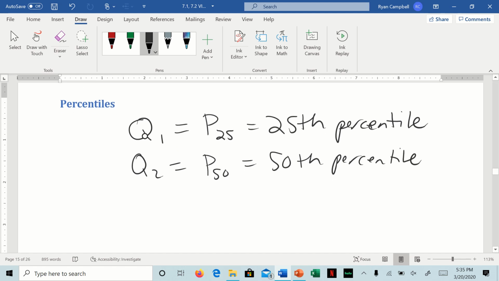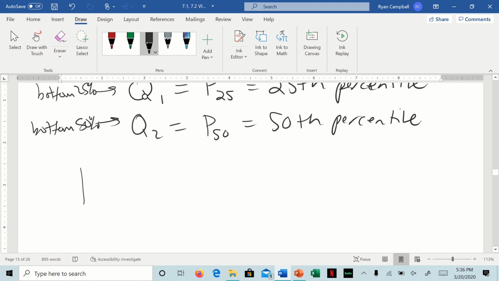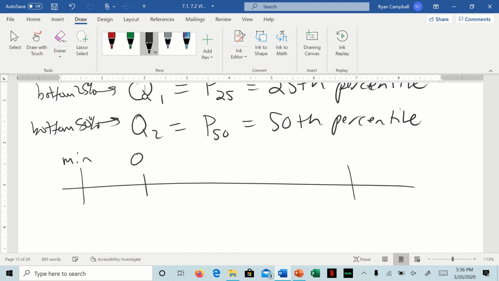And if you go back to those sections, I think this was the 313, you'll see that what we said was this one separates the bottom 25%. This one separates the bottom 50%, right? The way we separate those out, using those 5-number summaries, it was the min, Q1, Q2, or the median, an easier way of saying that, and then the maximum.